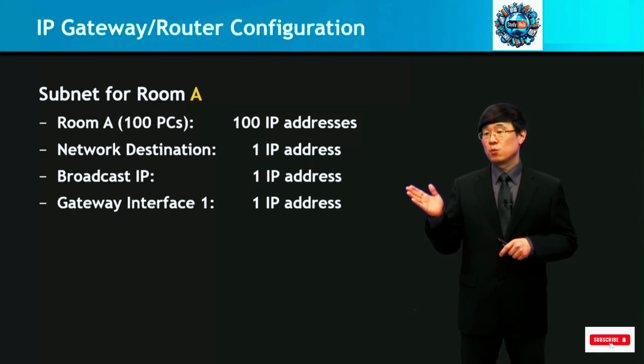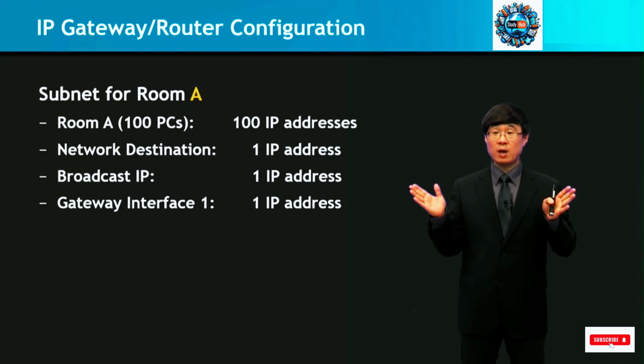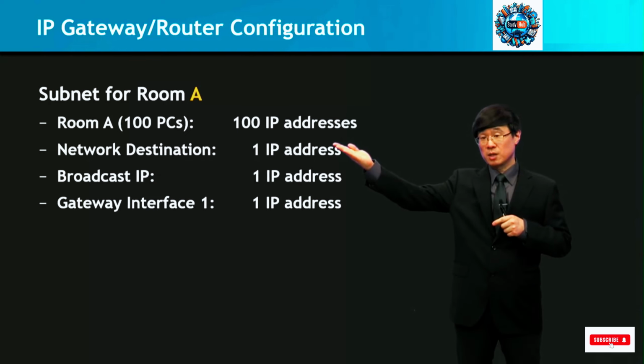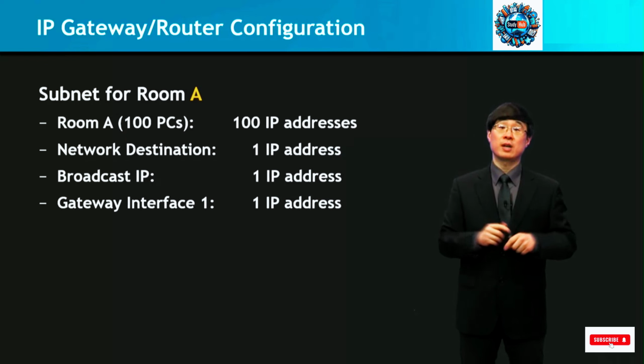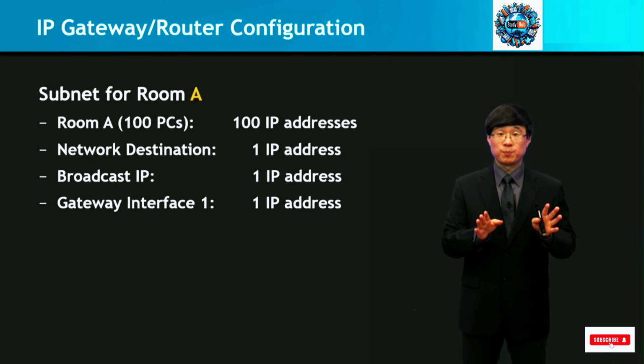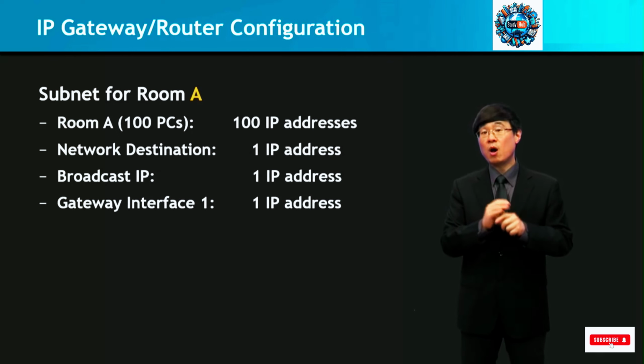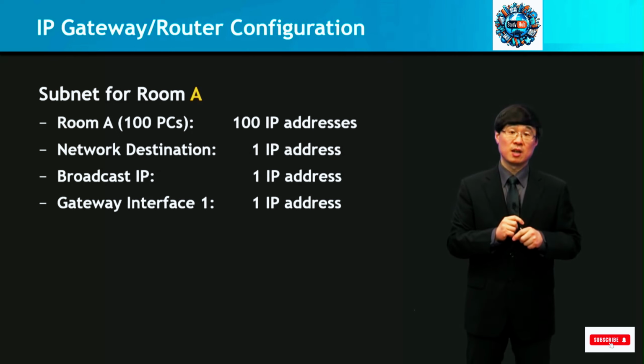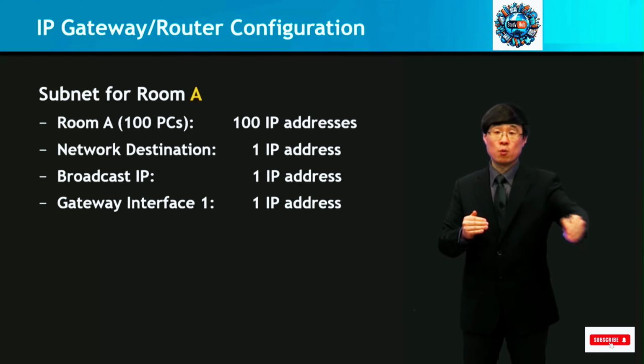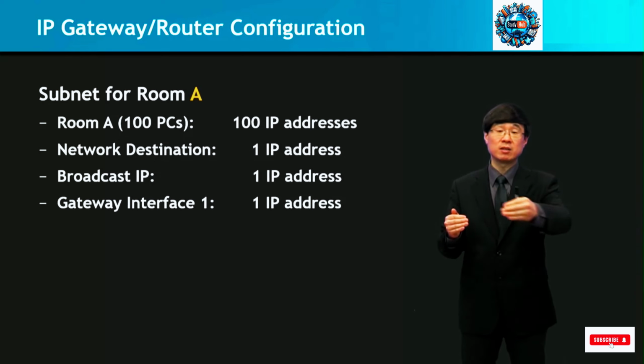Now, we're going to look into the subnet for room A. In the subnet for room A, we said that we had 100 computers, and each of them needs an IP address. So I need 100 IP addresses. In addition, for this subnet of room A, you also need a network destination, an IP address to represent this subnet altogether.